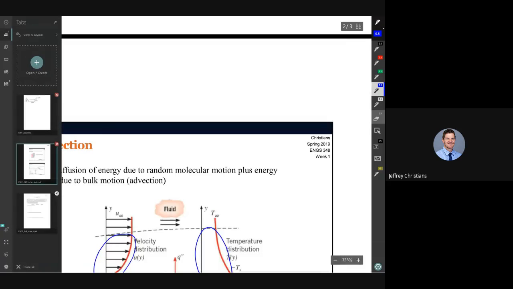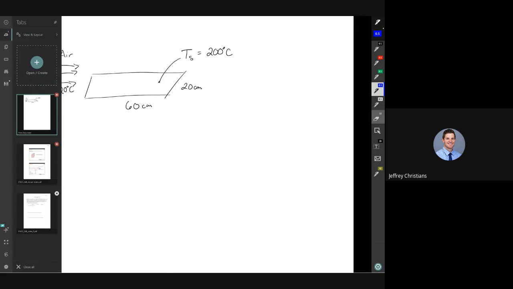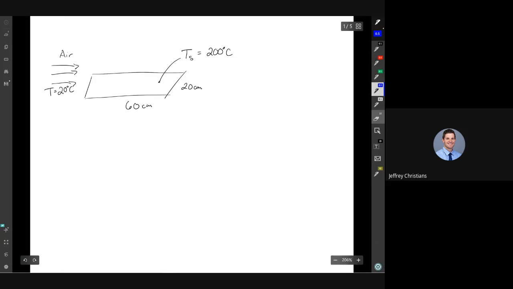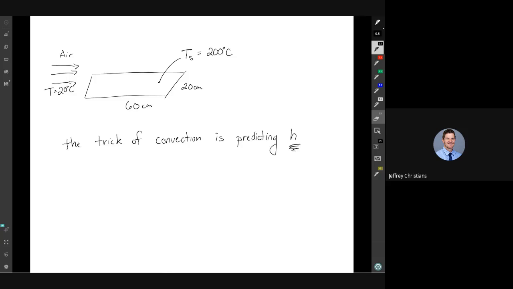Okay, so let's jump back in and talk a little bit more about this process. We can simplify all of convection, the whole crazy physics, down to H. So really, the trick of convection is predicting H. Because if we knew H, it's really easy.